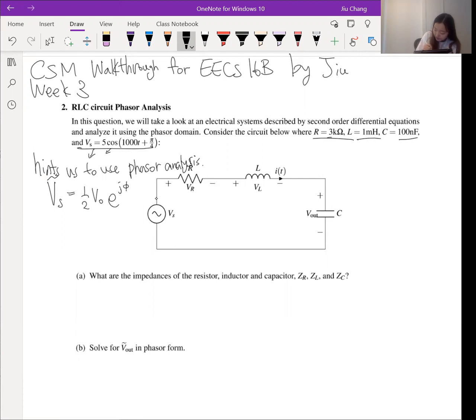So plugging the information from the given, we plug 5 into our V naught and pi/4 for our phase.